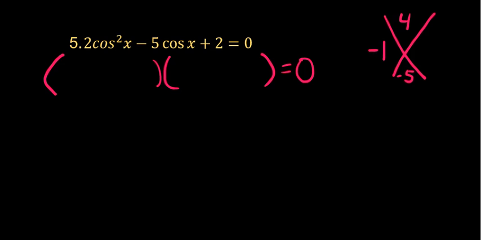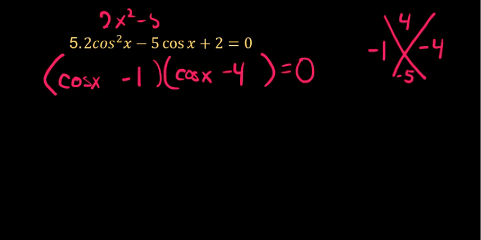That would be a -1 and a -4, because a negative times a negative would be a positive, but then if I added those, I would get the -5. So I'm going to have cosine x -1, and cosine x -4. So just like if I had 2x squared minus 5x plus 2, I would put x's in front. Because this is cosines, I put cosines here.